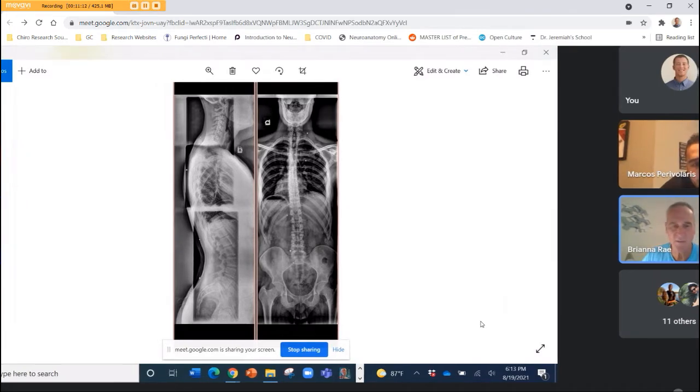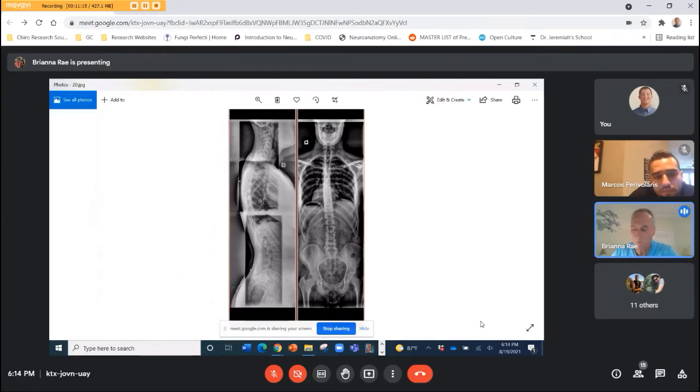Unfortunately, I don't have the histories with these films, but I thought what we would do is go through them together, and as you're looking at them, try to formalize in your mind what you're seeing, looking at the overall curves, looking for any pathology if one happens to pop up or something that you're wondering about, a shadow on the film. Talk about curvatures. We can even try to guess possibly what this patient might be having going on based on what we see on the film.